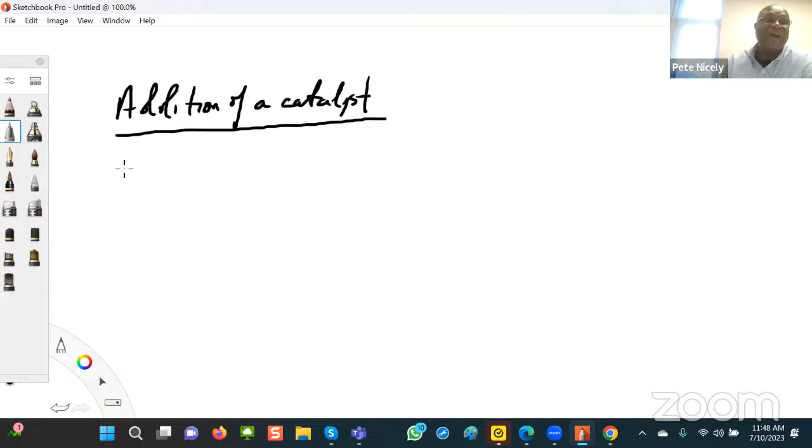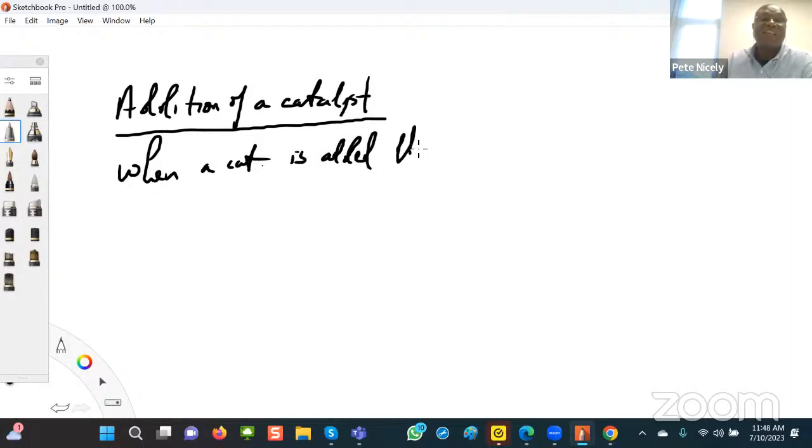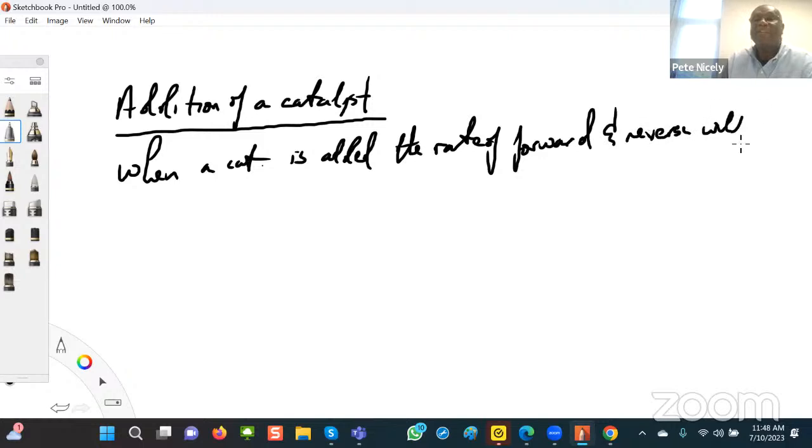And the reason is that when a catalyst is added, the rate of the forward reaction and reverse reaction will increase to the same extent.